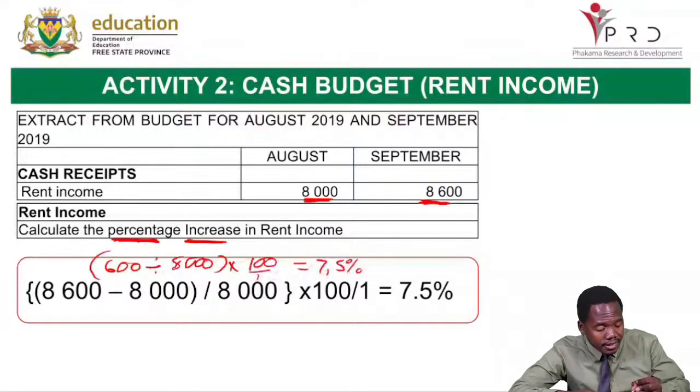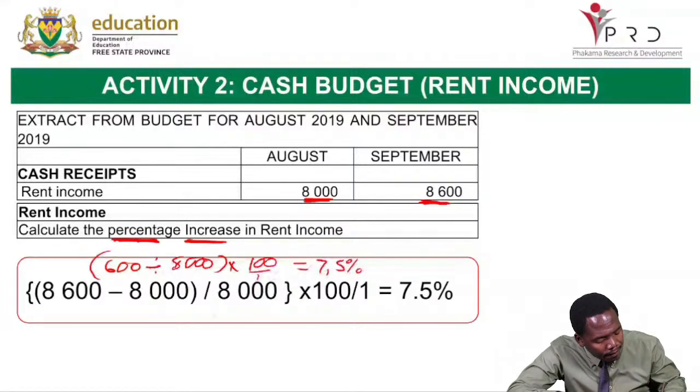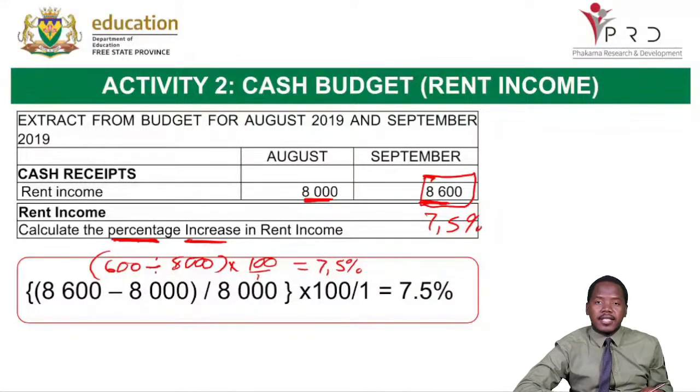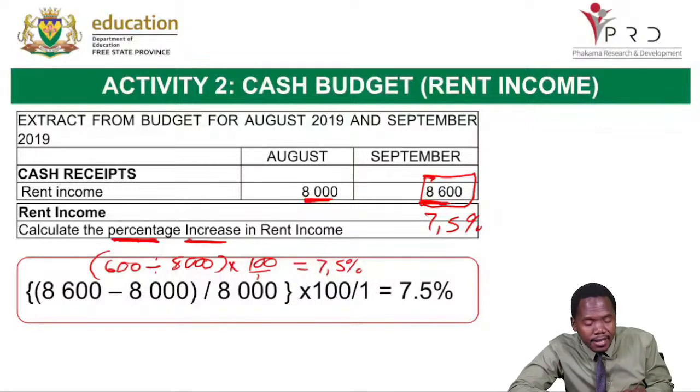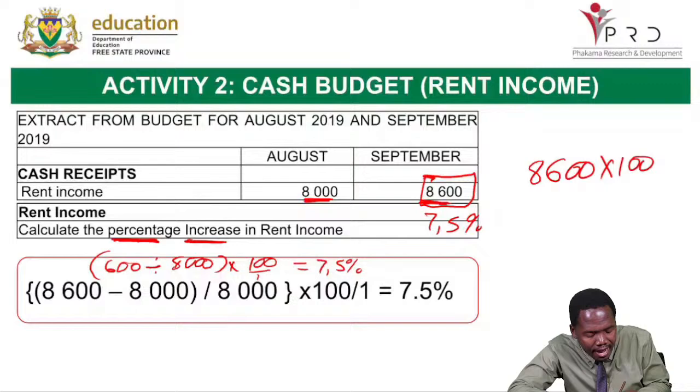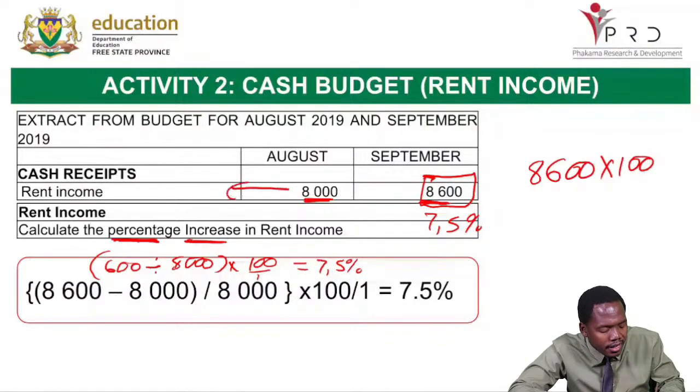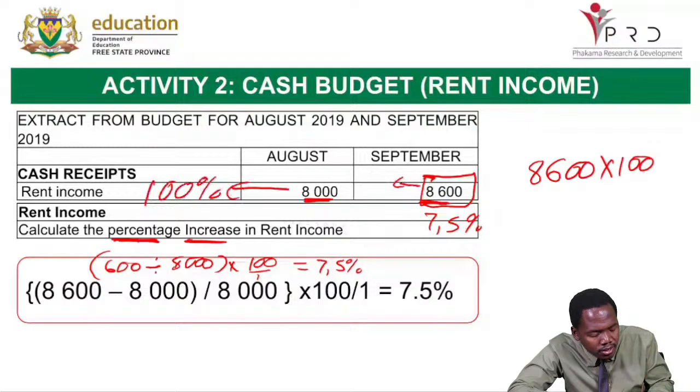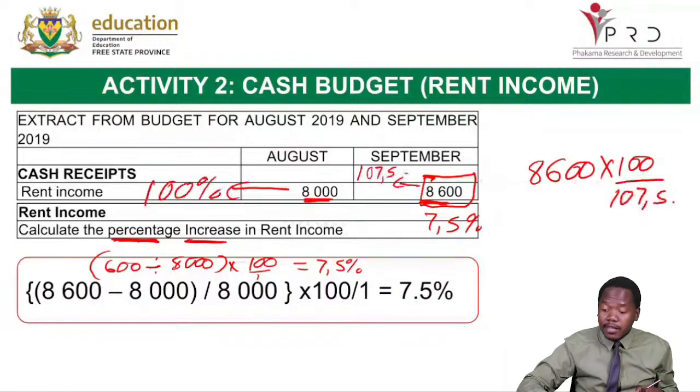Now, let us see if you were given 8,600 and the 7,5. How are you going to get the 8,000? Easy. You were going to say 8,600 multiplied by 100 because 8,000 consists of 100% of the amount. 8,600 consists of 107,5% because it's inclusive.